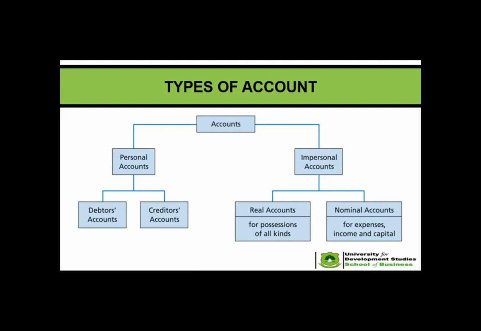So we have a building account, we have what? Motor vehicle account, we have furniture account, and so on and so forth. All these accounts are real. The ones you can feel and touch are real accounts. They are not personal accounts, and they fall under impersonal. So under impersonal, we have real accounts and also what? Nominal accounts. Real accounts are accounts opened particularly for assets that you can see, you can feel, you can touch.